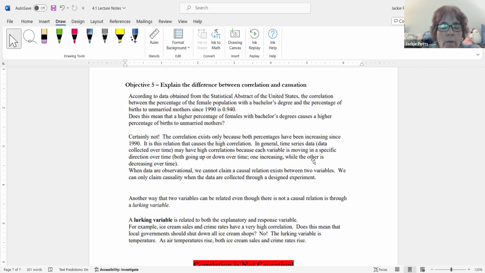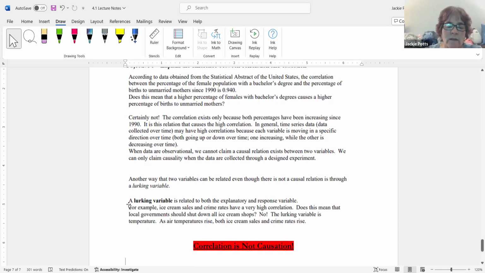So it does come down here and talk about, for example, ice cream sales and crime rates having a correlation, and it's really high. I laughed when I found that out. So does eating ice cream make you want to go out and commit crimes? Maybe we should ban ice cream because it's causing shark attacks and crime.